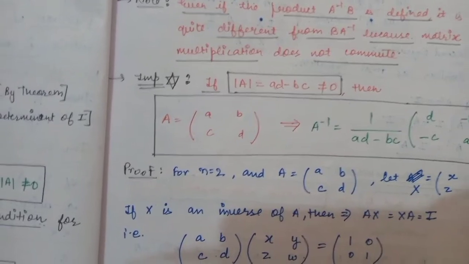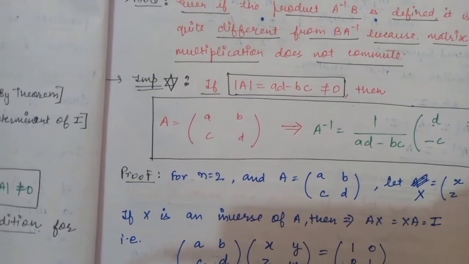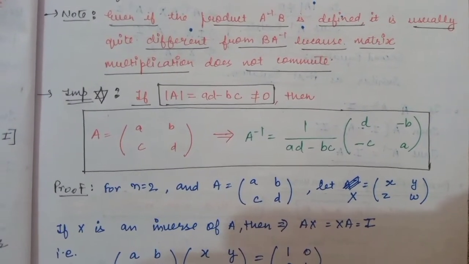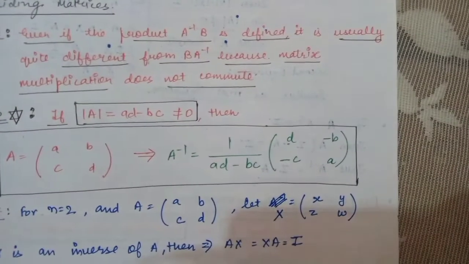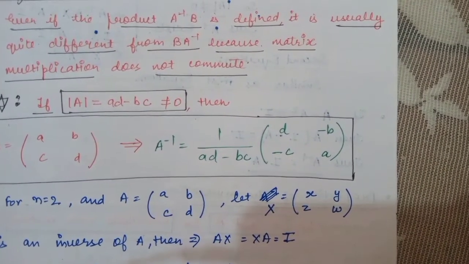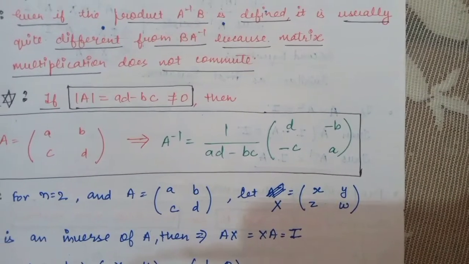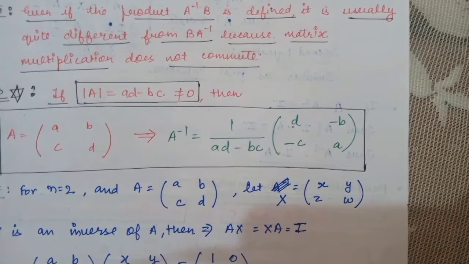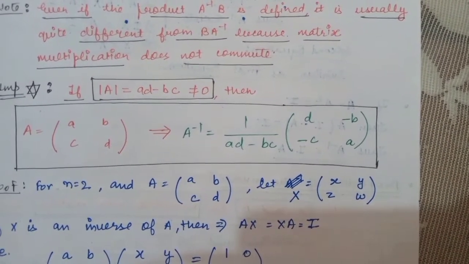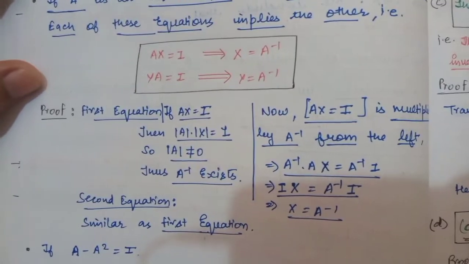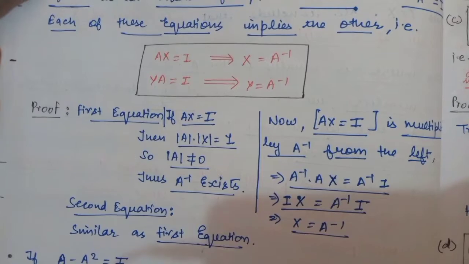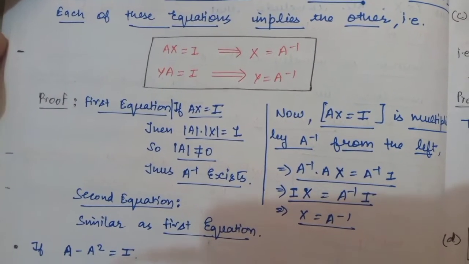Then A inverse is equal to 1 upon determinant of A, that is AD minus BC, into the matrix D, minus B, minus C, A. In this case, what we have done is interchanged the diagonal elements and changed the sign of the non-diagonal elements, as we can see here. Now if AX is equal to I, then X is equal to A inverse, and if YA is equal to I, then Y is equal to A inverse.